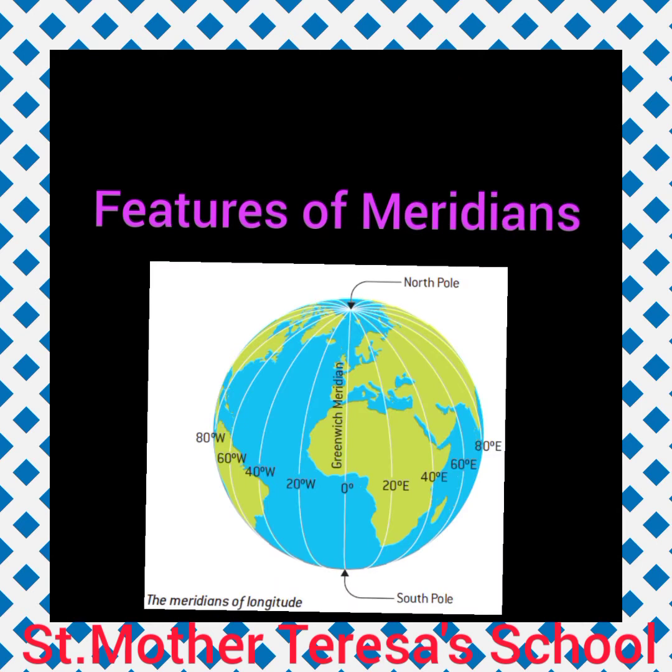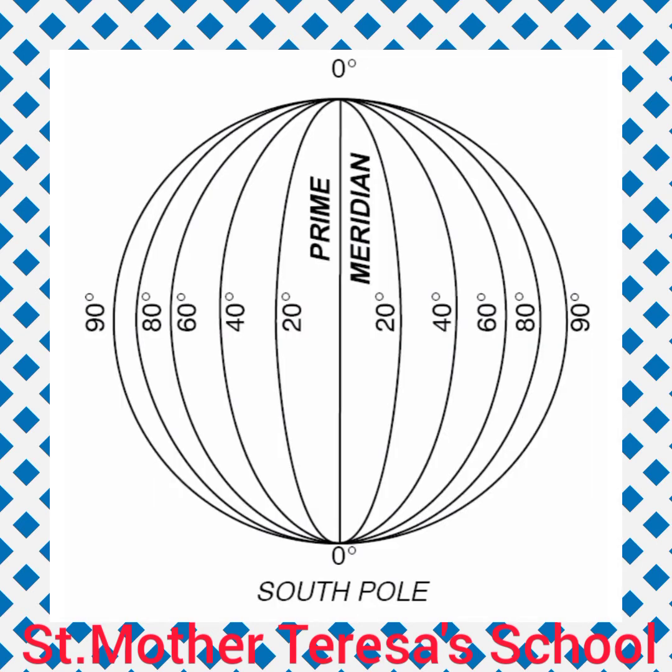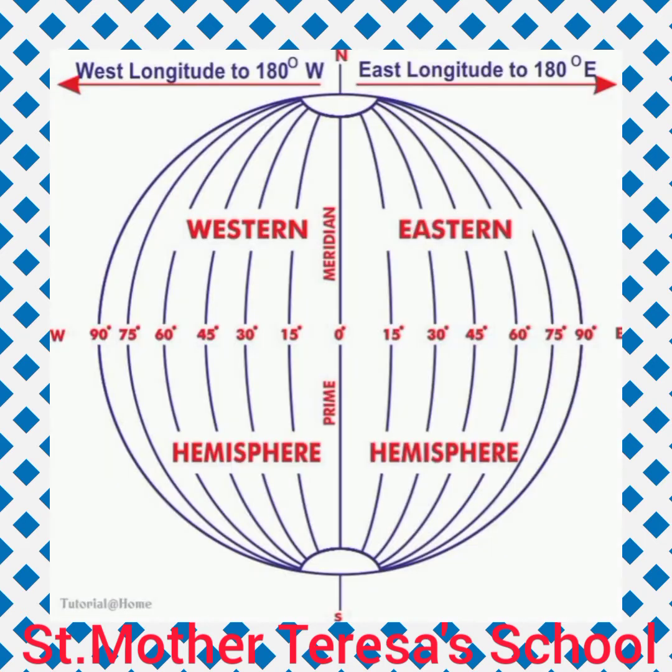Now let us learn features of meridians. The meridians are semicircles. The distance between any two meridians increases towards the equator. This distance decreases towards the north and the south poles. The prime meridian is at the 0 degree longitude.